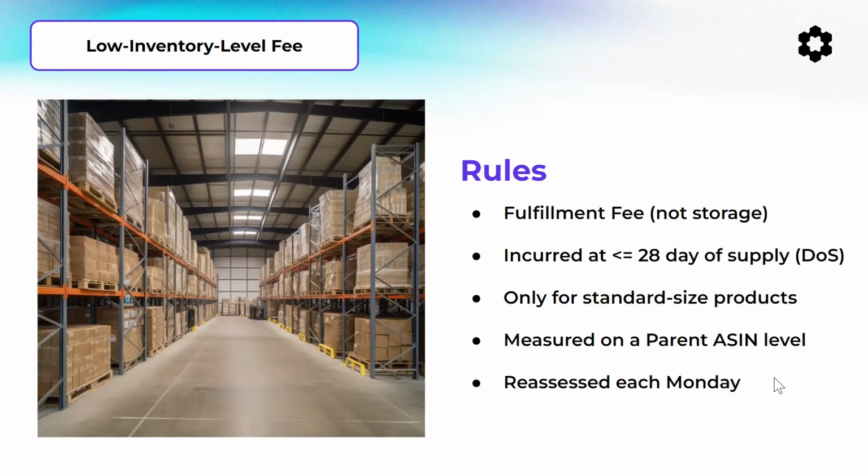It is a double-edged sword, because some of those products can help you to stay out of the range of having low days of supply, but once you fall into that range, all of those child ASINs are going to be charged that fee, even if only one was the culprit.